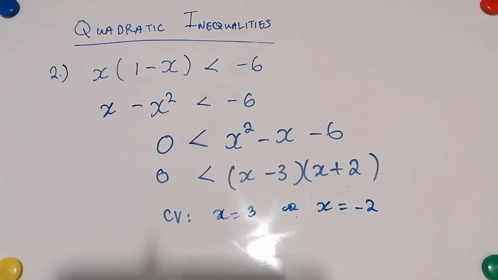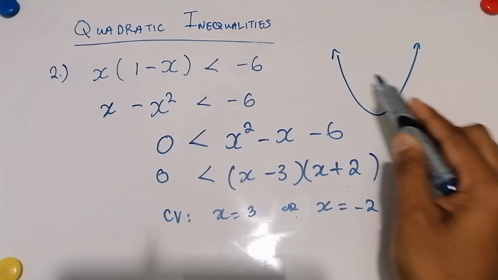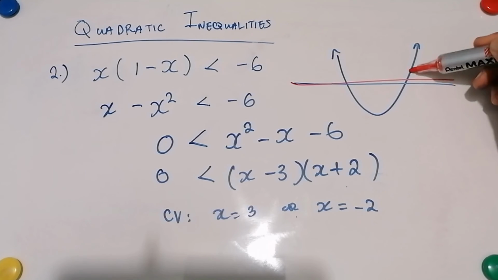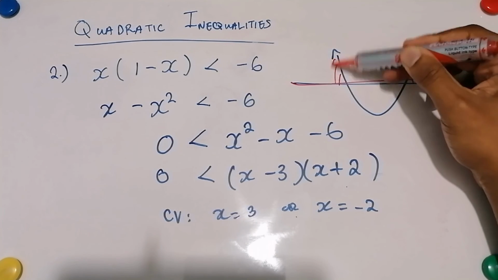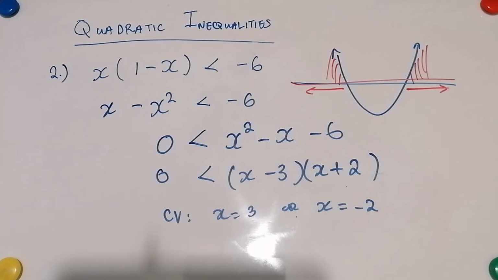Now let's draw a neat sketch to answer this fully. I'll just do it on the side here. So, greater than 0, we said, is the two arms that are above the x-axis. Okay, so we'll be writing it as two separate inequalities.